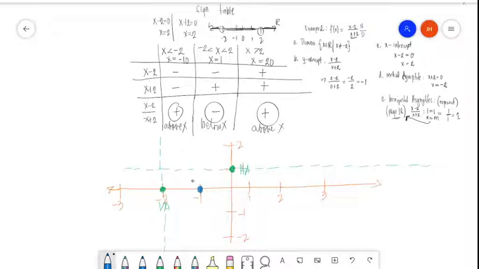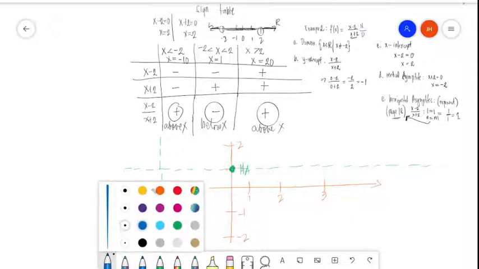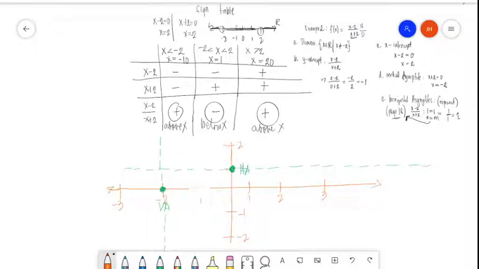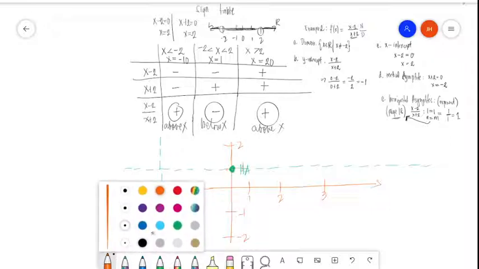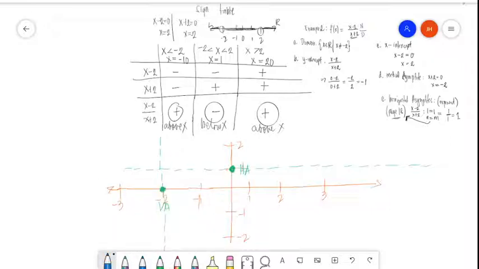I'm sorry. Be careful in plotting the points. It should be on the y-axis, so it should be here. The y-intercept is negative 1, so this one, negative 1.